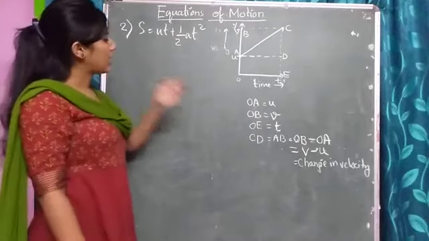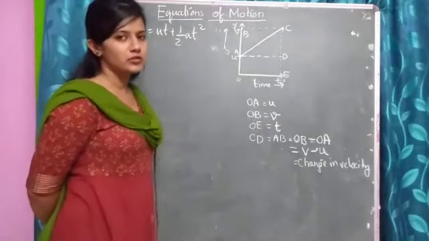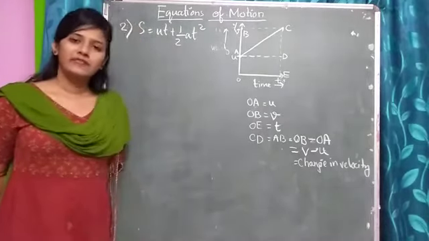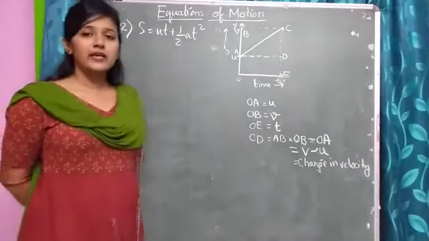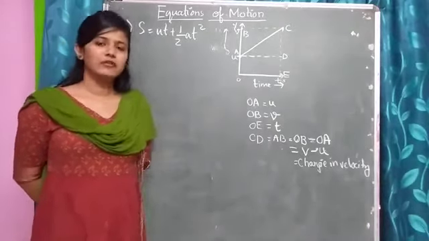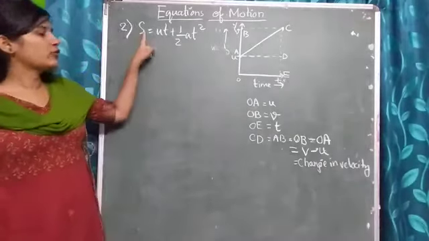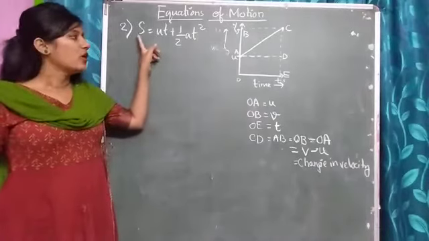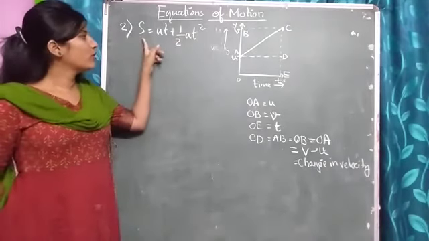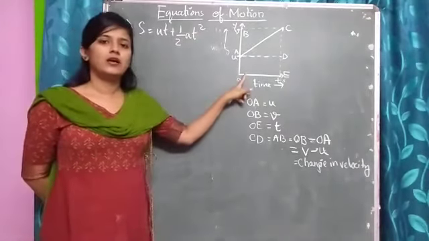For this I will use our previous knowledge that we have discussed, that the area under the velocity time graph gives us displacement. Since we want to find out the displacement, we will go for the area under this graph.